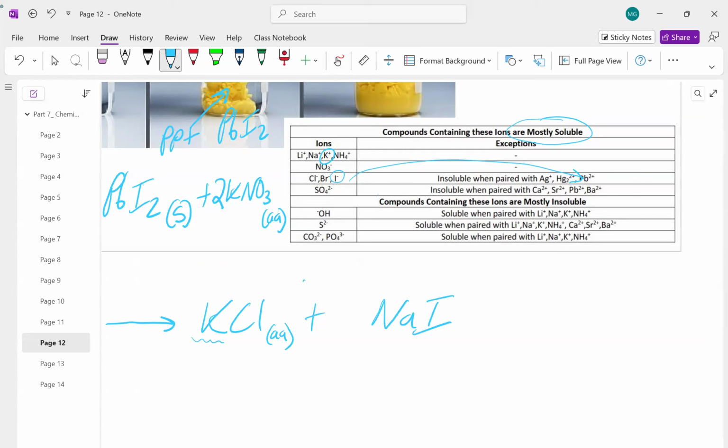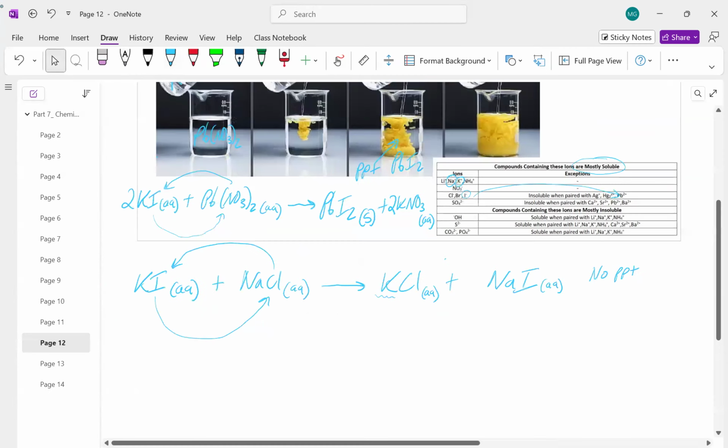The same could be said for sodium iodide because if something contains sodium, it is mostly soluble. And so there's no exceptions to that. And so that's aqueous. So this would form no precipitate.